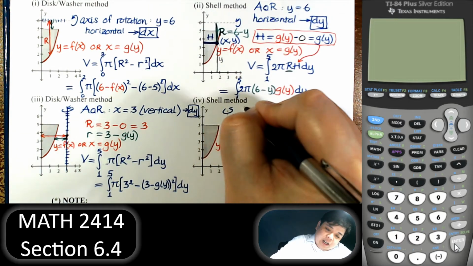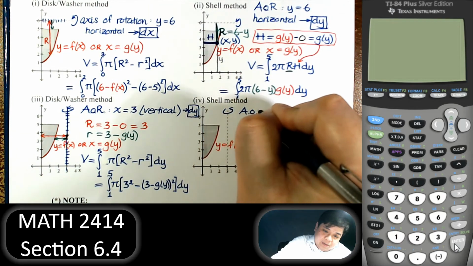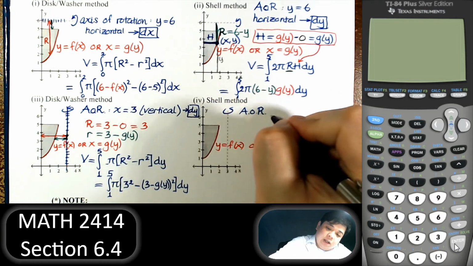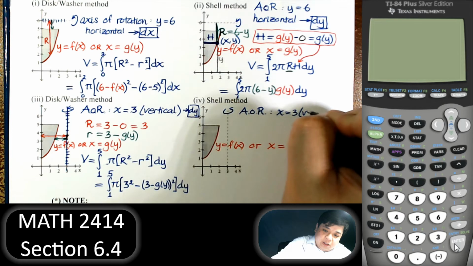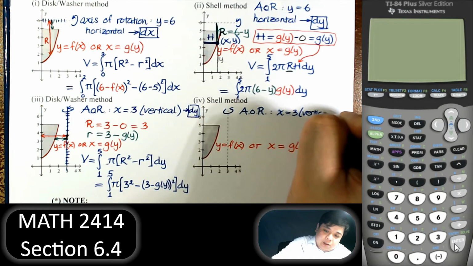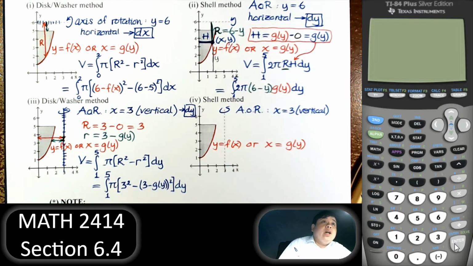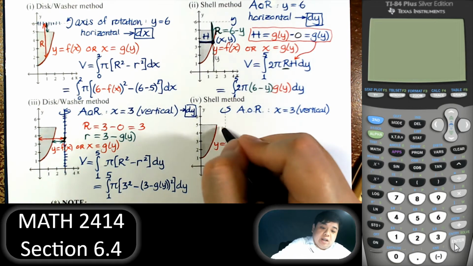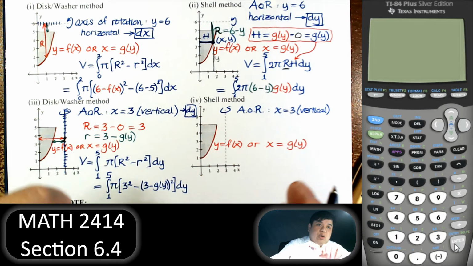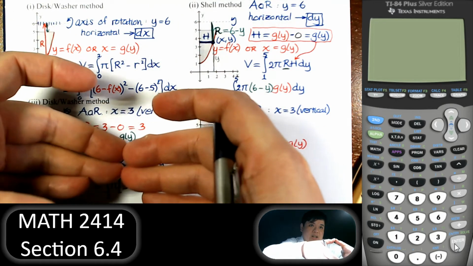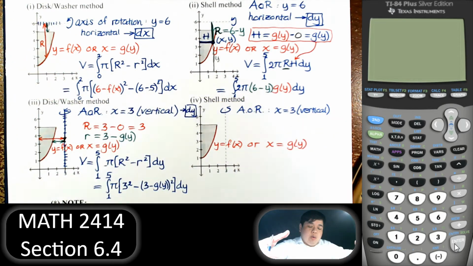Next, still axis of rotation is x equal to 3, which is vertical. So for the shell method, we are not cutting the axis of rotation, we wrap around it. So if we wrap around it, the radii will increase horizontally.